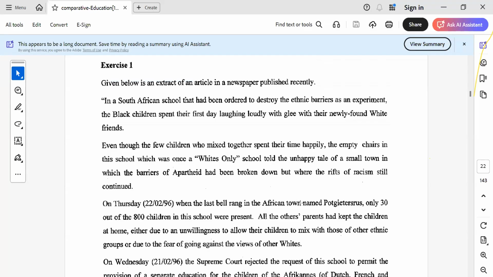So in this article, in a South African school that had been ordered to destroy the ethnic barriers as an experiment, the black children spent their first day laughing loudly with glee with their newly found white friends.